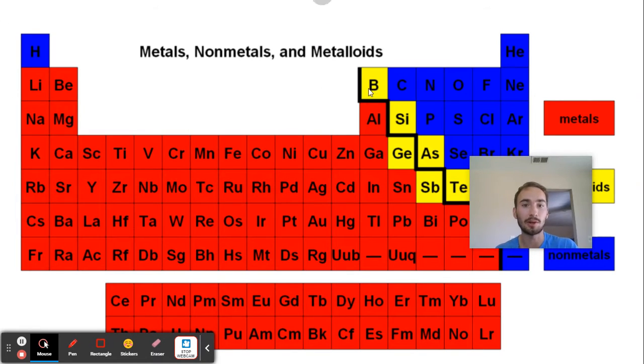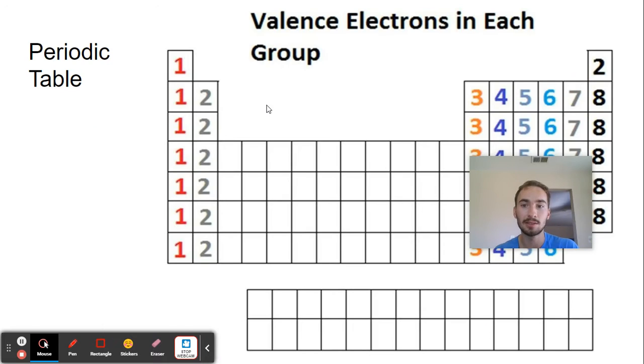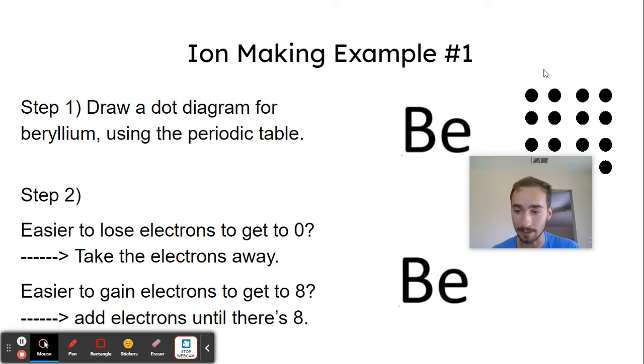Remember, the first two, though, are an exception because they only have 2 valence electrons. Everything else is trying to either go back down to 2 or get up to 8. Okay, so remember, all these elements, they want to lose electrons so they can go down to this column. All of these elements, though, they all want to gain electrons so they can all get their full valence electron.